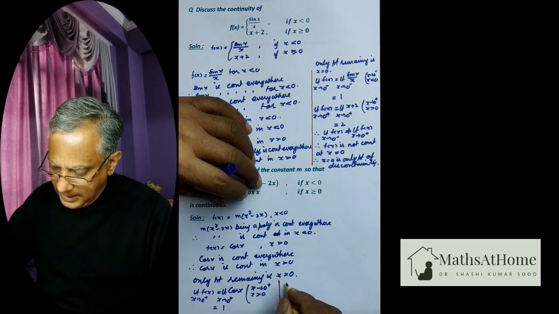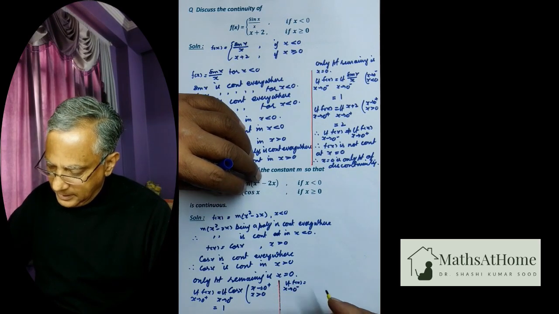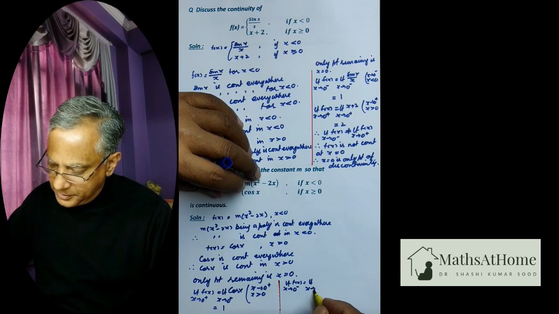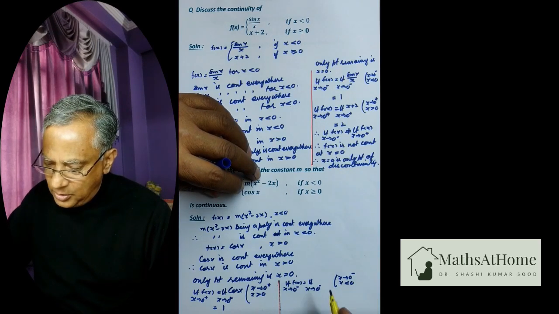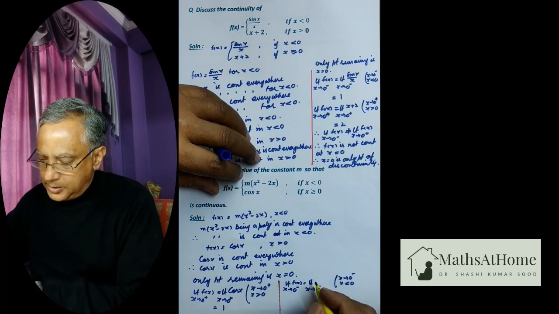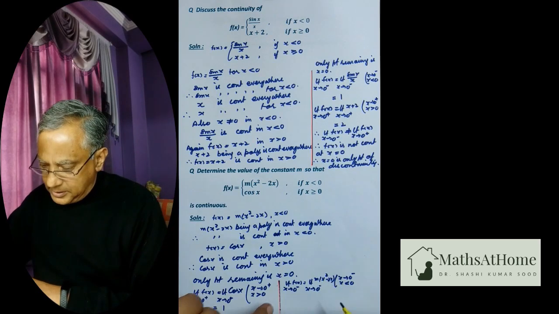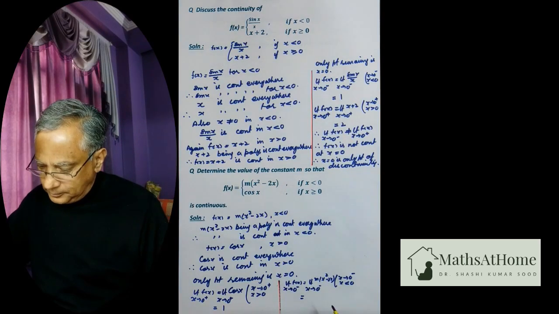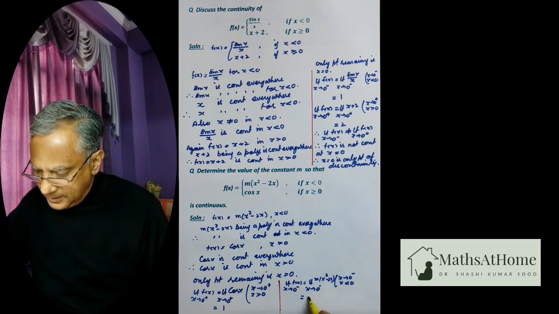And limit x approaches 0 from negative side f(x): x approaches 0 from negative side implies x is less than 0, therefore this definition will be used, and we will have m x square minus 2x, and this is equal to, as x approaches 0, this is 0, this is 0, so this will be 0.